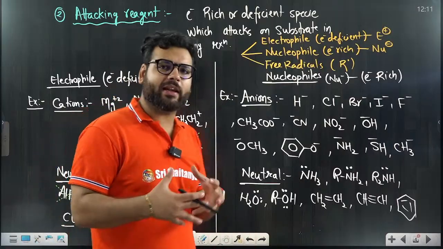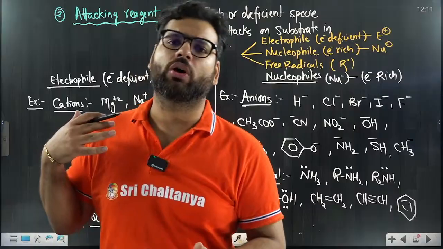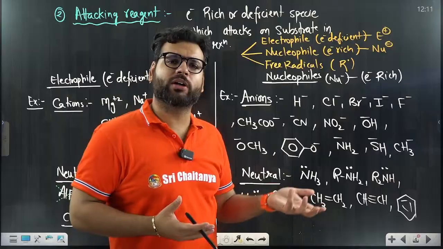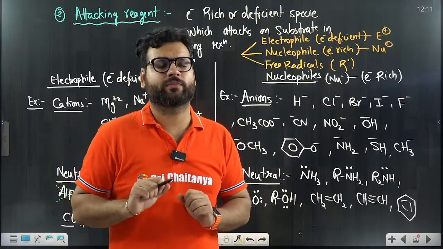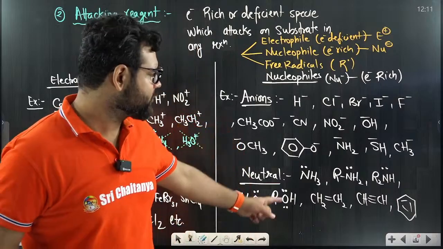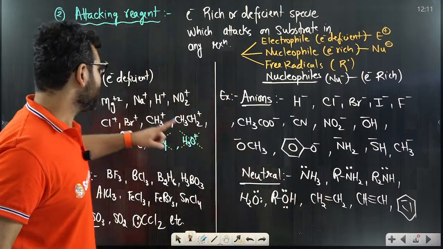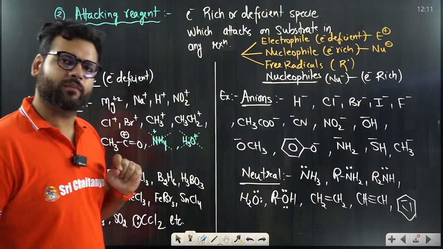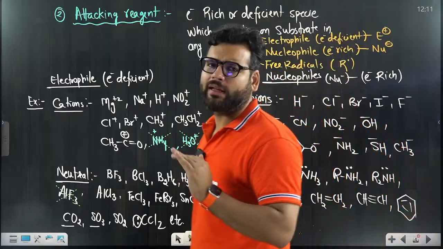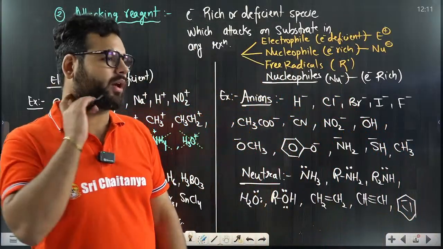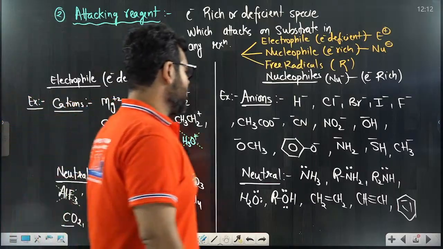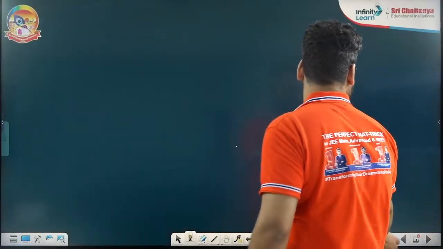When two species are reacting, if the substrate is rich, your attacking species will be poor. If the substrate is poor, the attacking species will be rich. For example, if the substrate is alkene, alkene is rich, then the attacking reagent will be H positive. Correct? This is how we can remember. Many examples I'll give you, but keep remembering what I'm saying. It is very important. These are the examples I hope you have written for the nucleophiles and electrophiles.